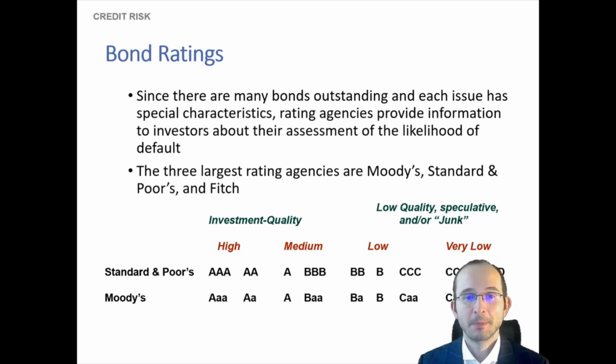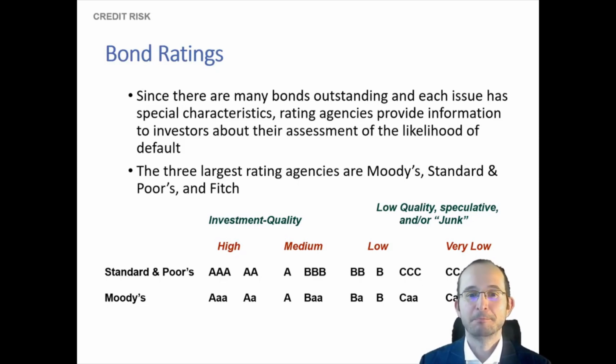And for example, S&P and Moody's have essentially a code for different rankings of creditworthiness. So they will have, for example, the highest, most creditworthy, least likely to default bond in the Standard & Poor's system will be a AAA. And Moody's will be a AAA as well.